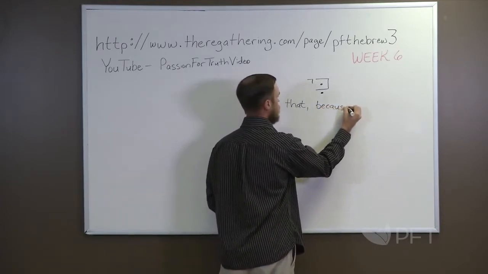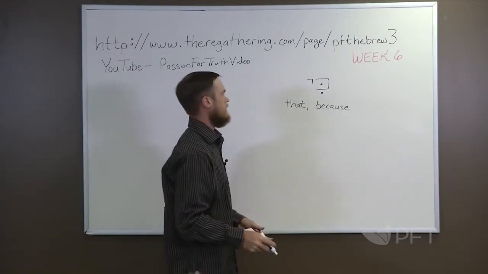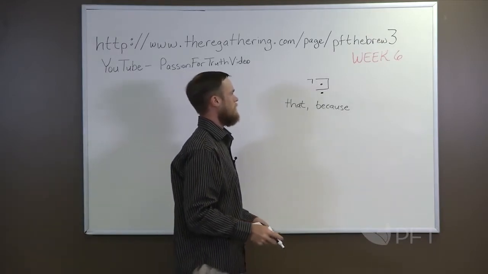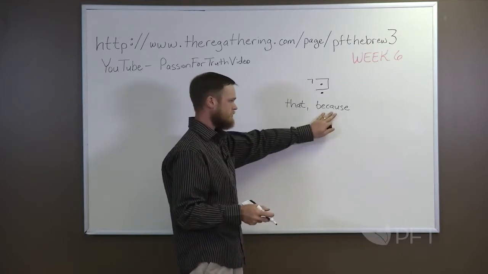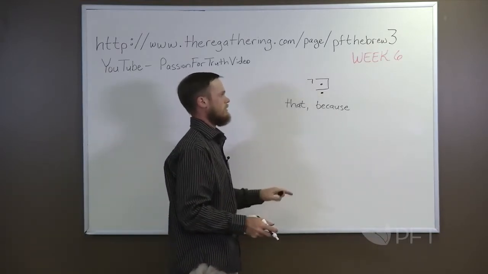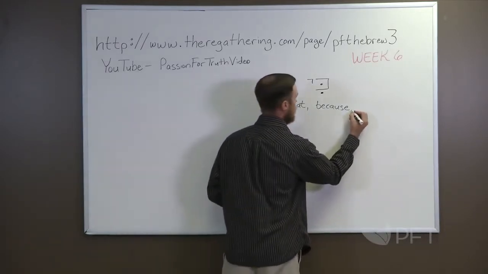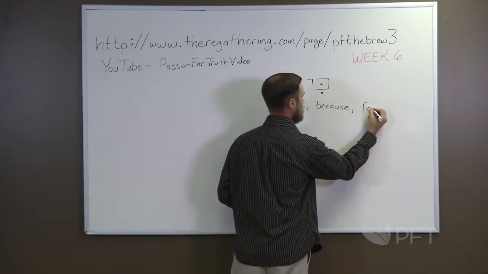Ki always connects words in a causative fashion. And because is not always a good translation of ki, because ki works a little differently than the English because. Kind of show you what I'm talking about.